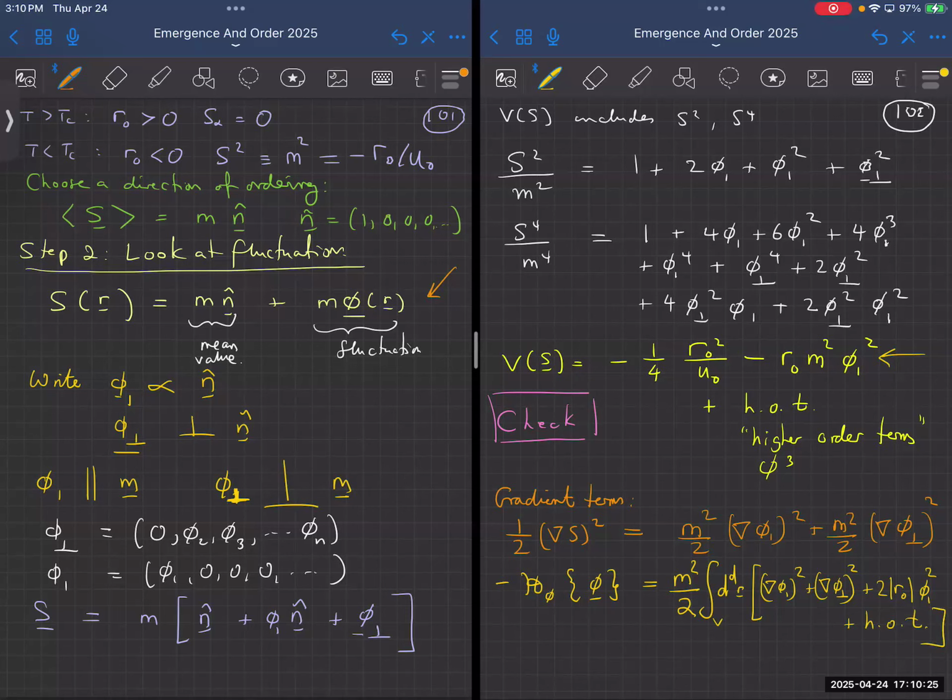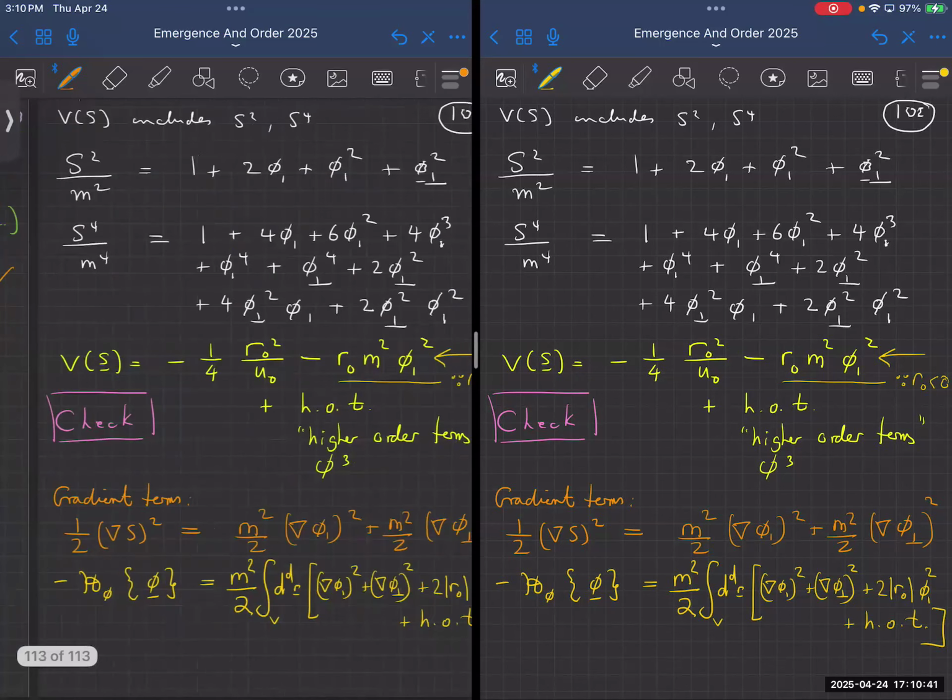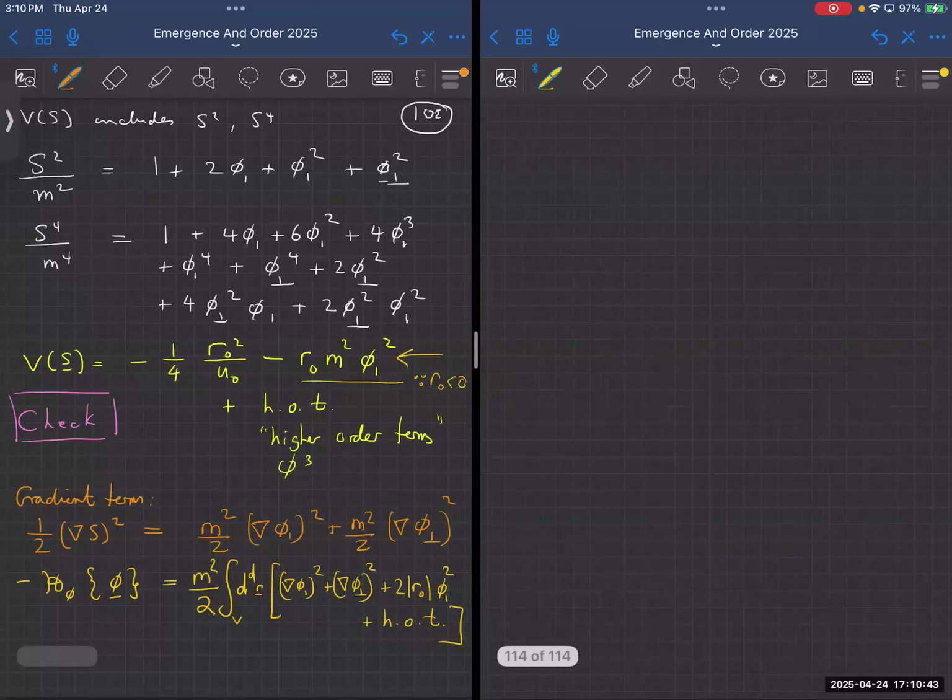And that's it. Remember, R naught is negative, so I can write this term as the absolute value of R naught times phi 1 squared. Okay, so that is the effective Hamiltonian.